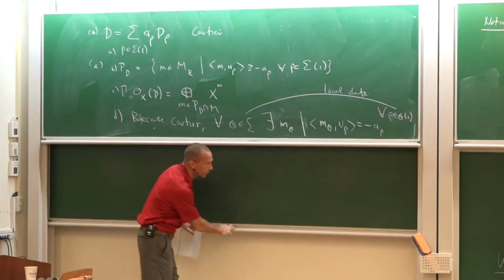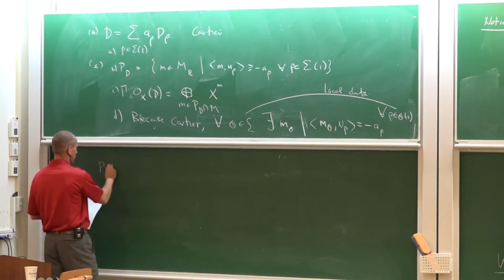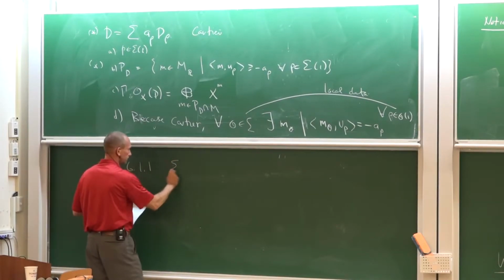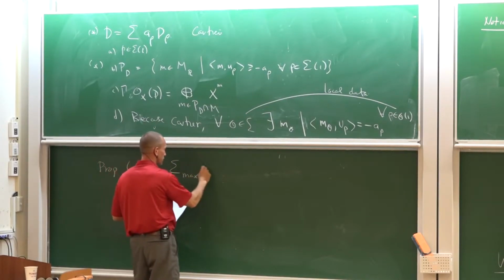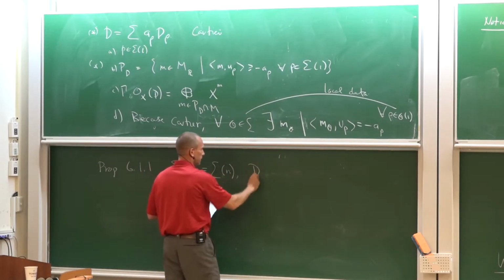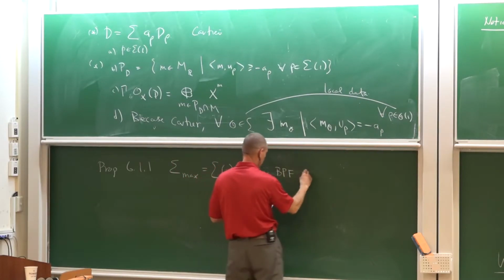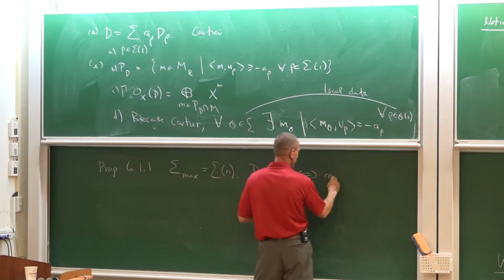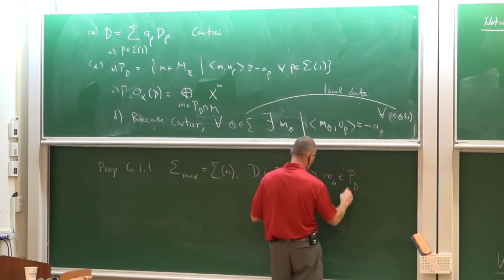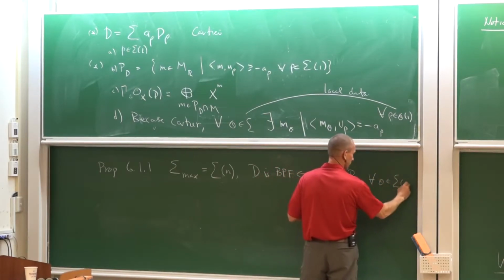So that was the setup. And now our first theorem is Proposition 6.1.1. If our maximal cones are n-dimensional, then D is base point free exactly when m_sigma is an element of P_D for all sigma in sigma(n).